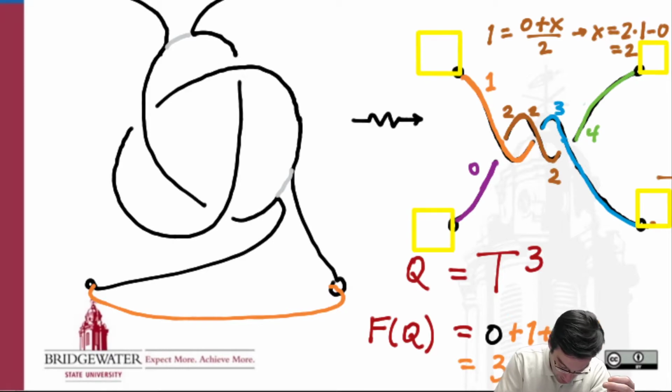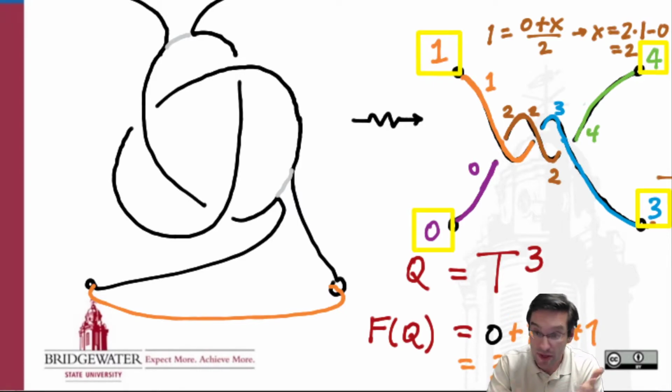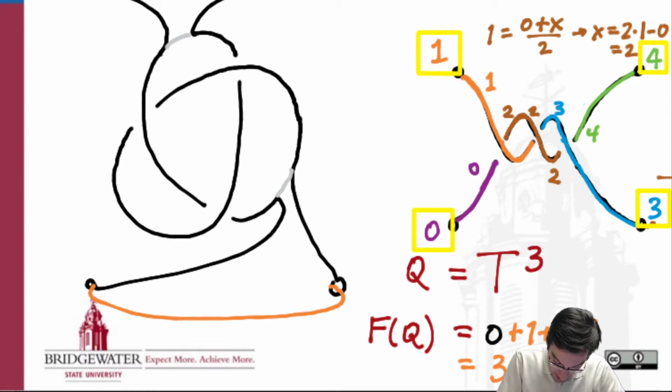I get a 1 in the northwest. I get a 0 in the southwest. I get a 4 in the northeast. And I get a 3 in the southeast. And so one thing we could do is say that the integer coloration of this rational tangle could be represented by a matrix. So here come the matrices again.